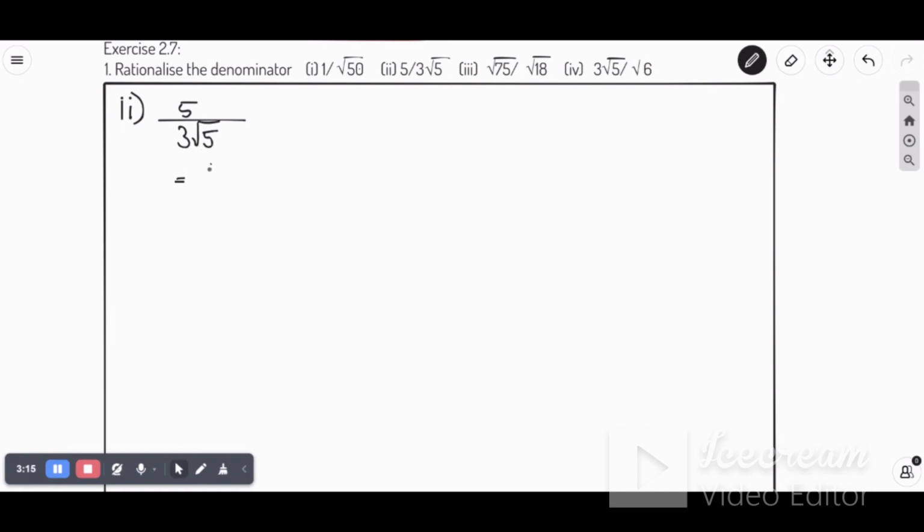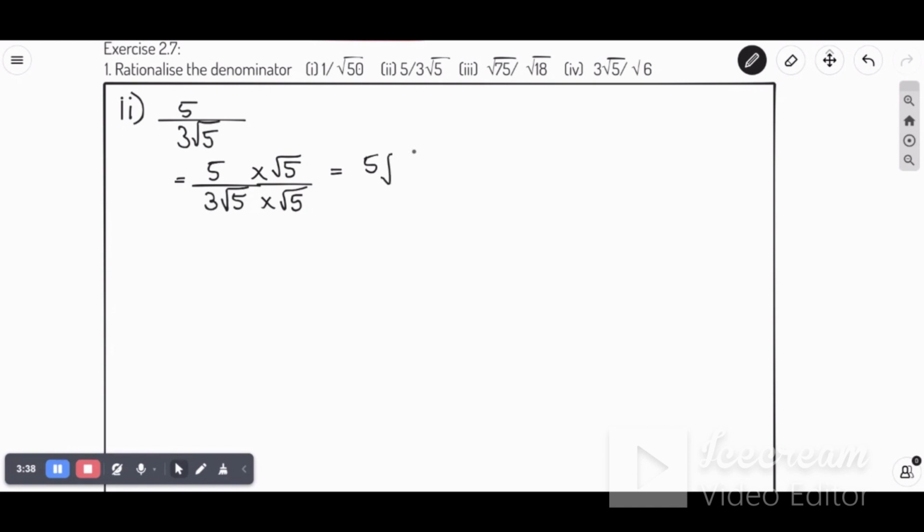So for 5 by 3 root 5, in this also just multiply your fraction with the irrational number you have in the bottom. You don't have to multiply with 3, just multiply with the root 5 alone. So just multiply with root 5 in the top and the bottom.